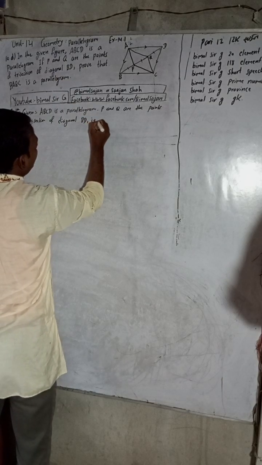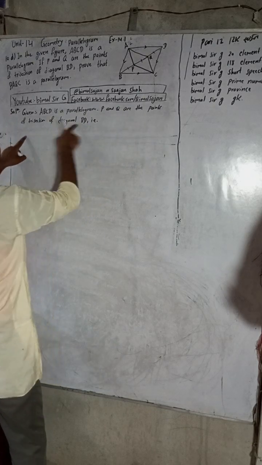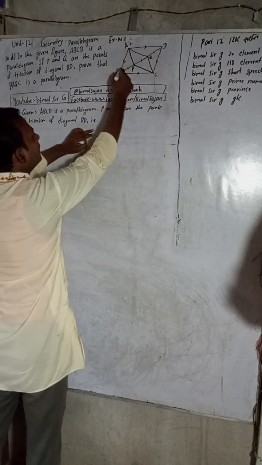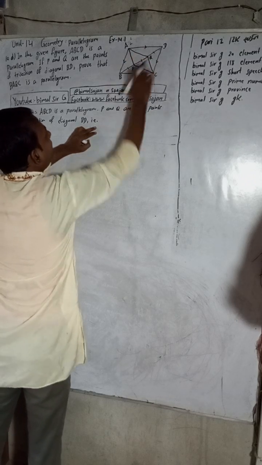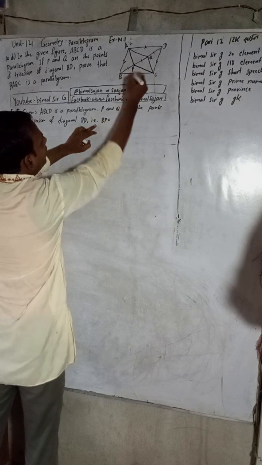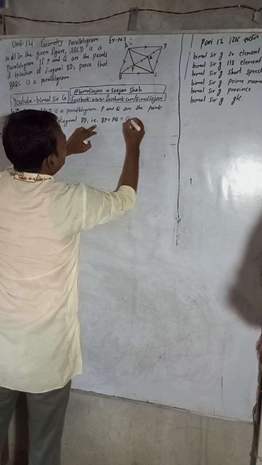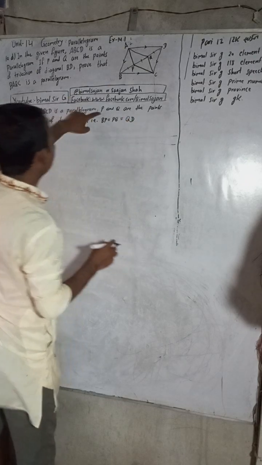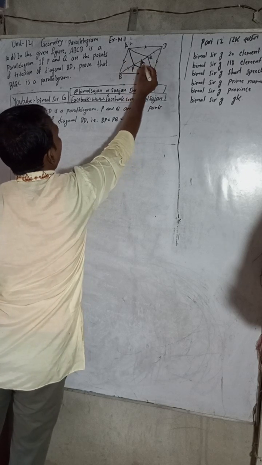What is the meaning of this sentence? P and Q are the points of trisection. That means P and Q divide the diagonal BD into three equal parts. We can write BP is equal to PQ is equal to QD. This sentence means that the three parts are equal. See the symbol, this is equal to this is equal to this.